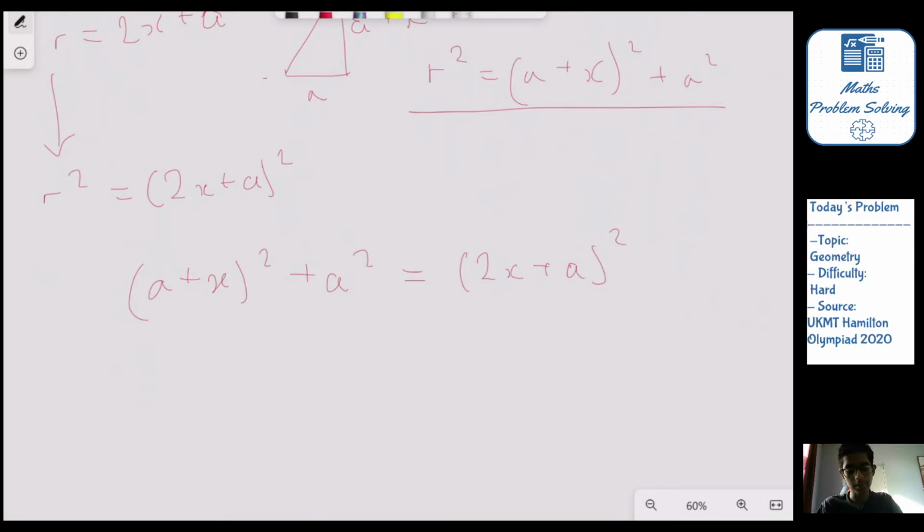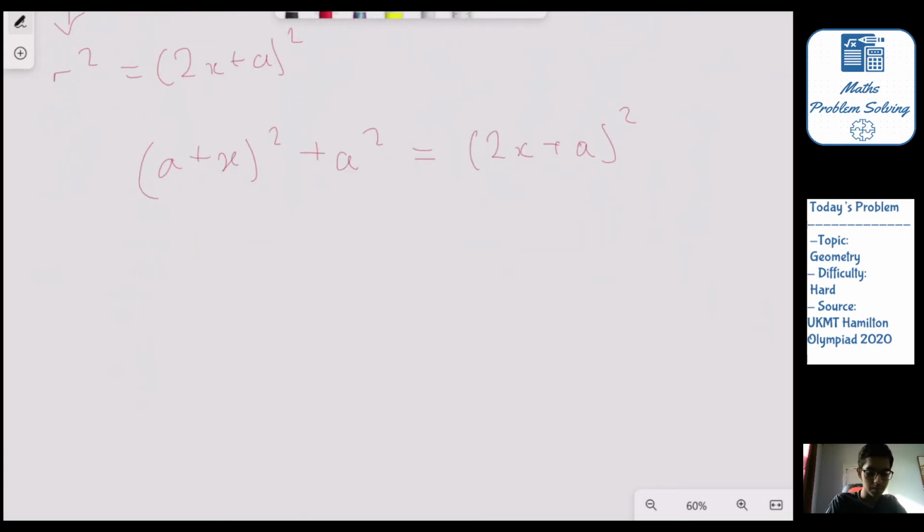Now let's work through this. A squared plus 2AX plus X squared, just expanding out that first quadratic, plus A squared equals, now let's expand the second one out, 4x squared plus 4AX plus A squared.